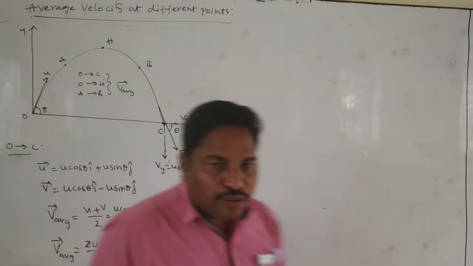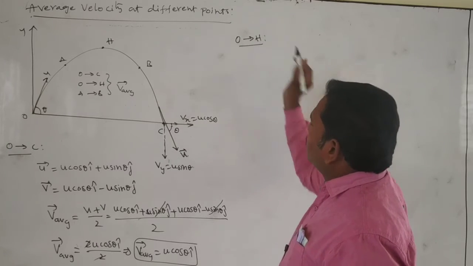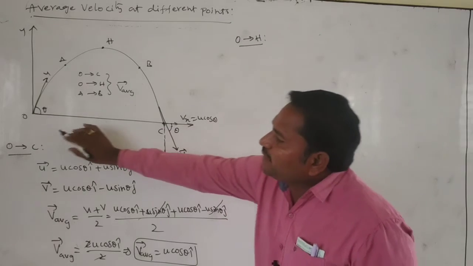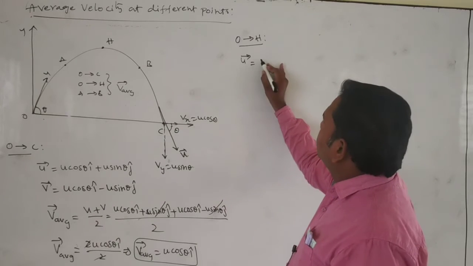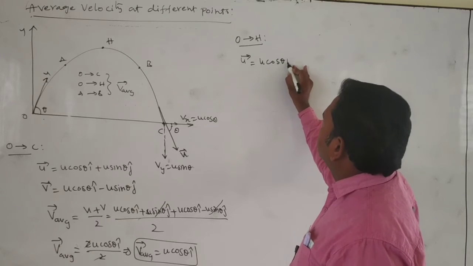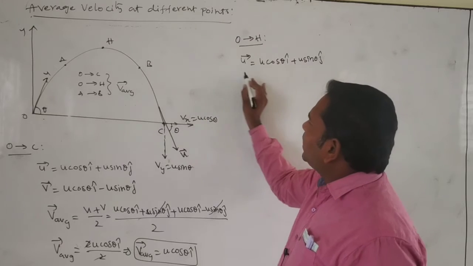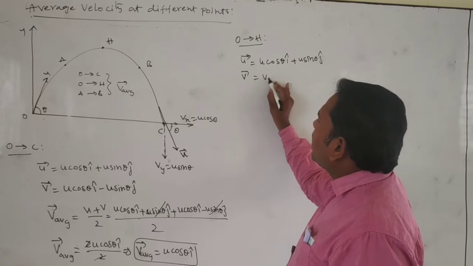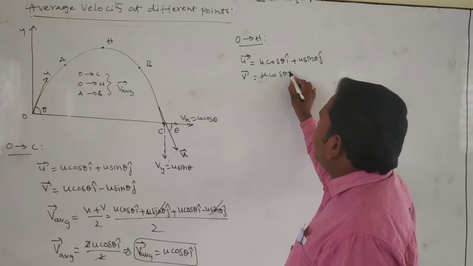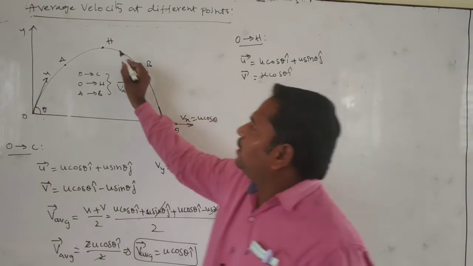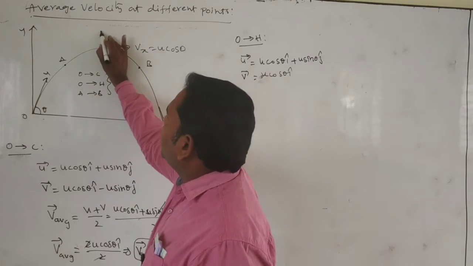Next we are going to find the average velocity from O to H. What is the initial velocity here? U cos theta i cap plus u sin theta j cap. At H, the final velocity is only in the horizontal direction, u cos theta i cap only. What is the vertical velocity at the highest point?